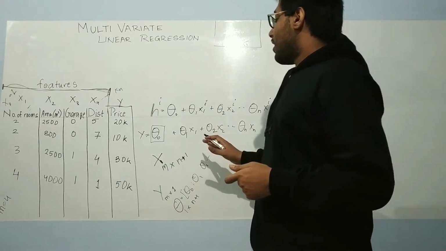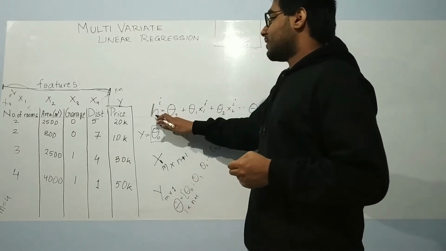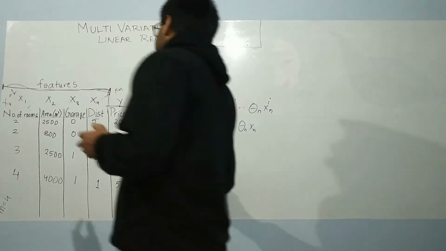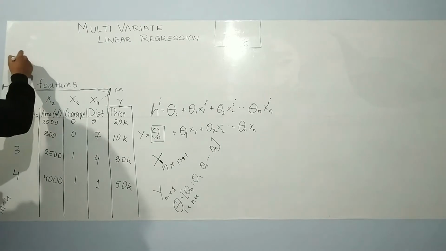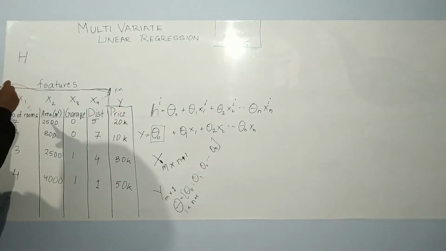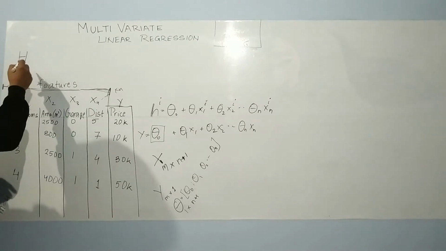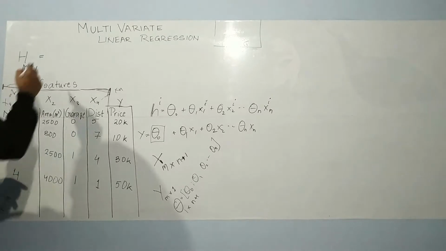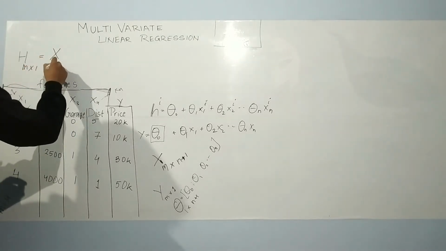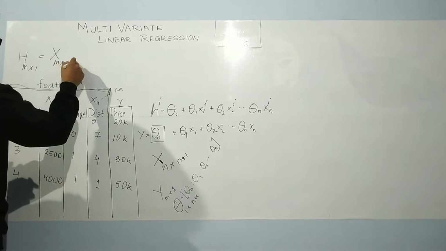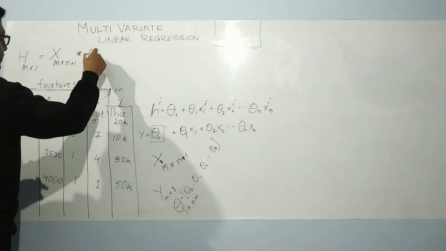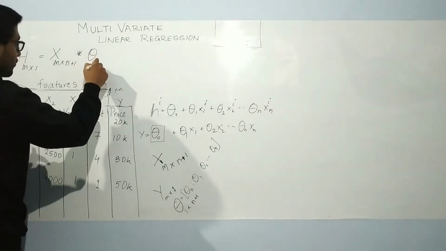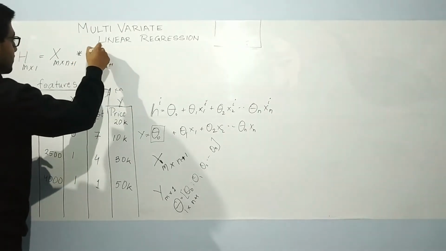So we can represent this hypothesis equation as a linear algebra matrix equation such that h of m cross 1 would be equal to x of m cross n plus 1 multiplied with theta transpose, which has a dimension of 1 cross n plus 1 transpose.